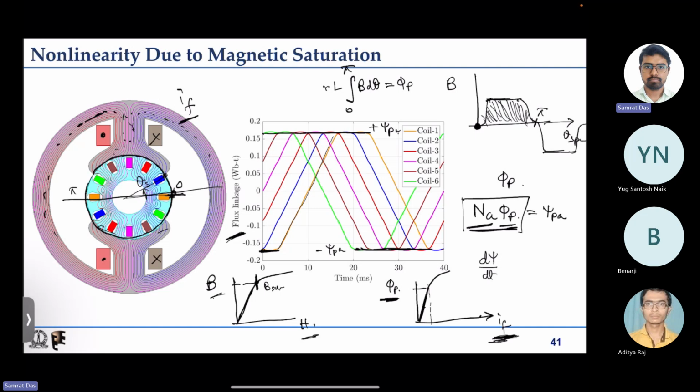So next, what I will discuss is first the linear model of a DC machine. First the mathematical model, the differential equations, I'll combine them. Then I'll discuss how to get the DC machine model, a linear model, where firstly we will operate only in this linear zone of field current and flux per pole, and then after that, if we want to incorporate the nonlinear model also, we will go towards that.